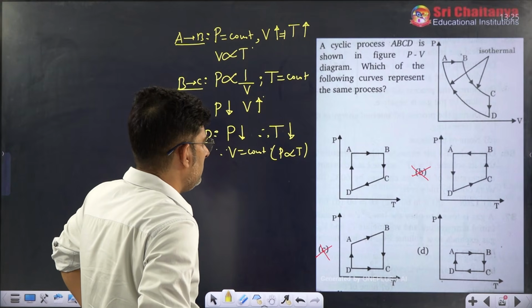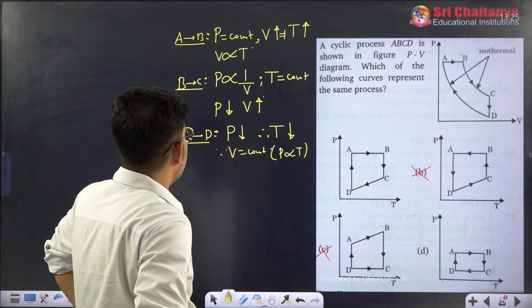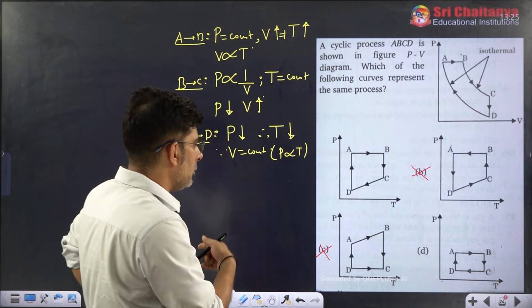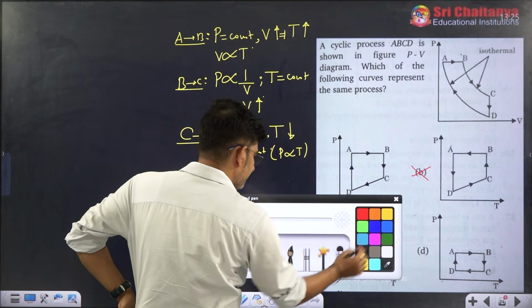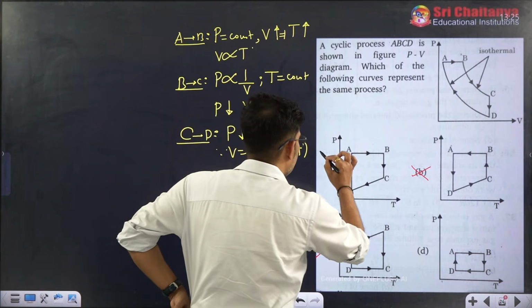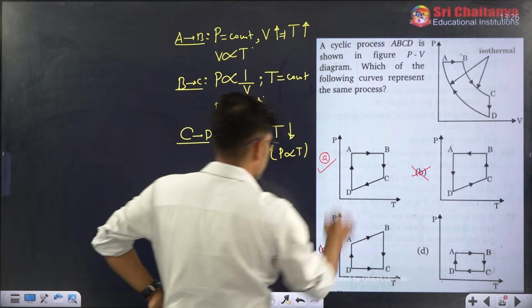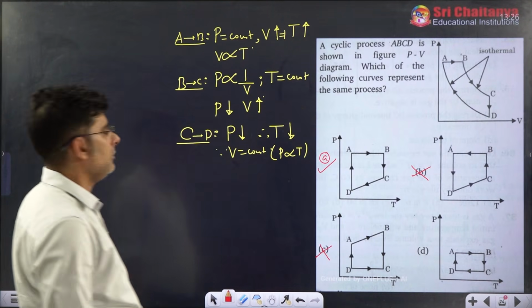So in C to D, pressure and temperature both will decrease and straight line passing through origin, which is that part, this one. So we will say this will be the first option, the correct option. Understood?